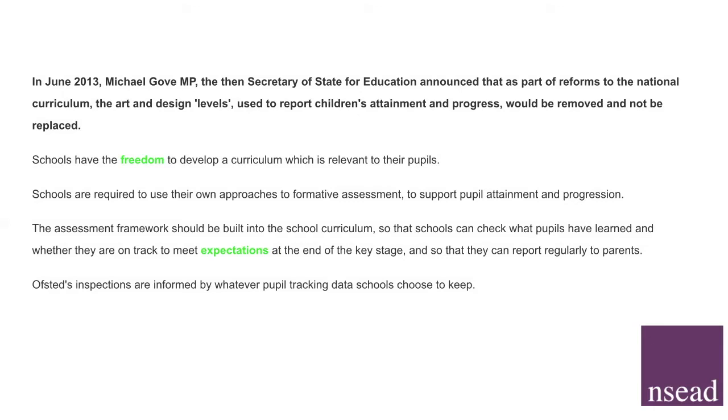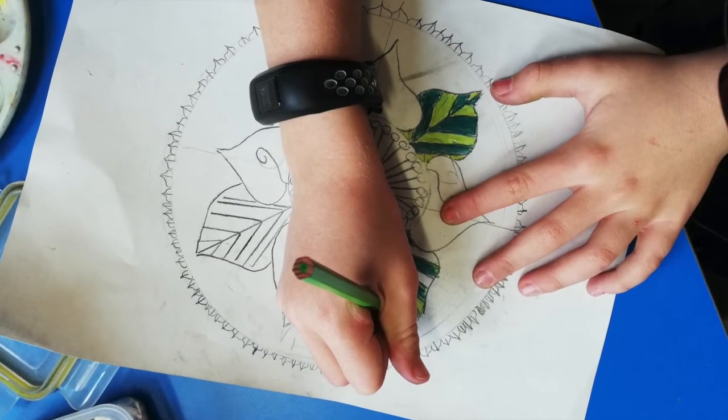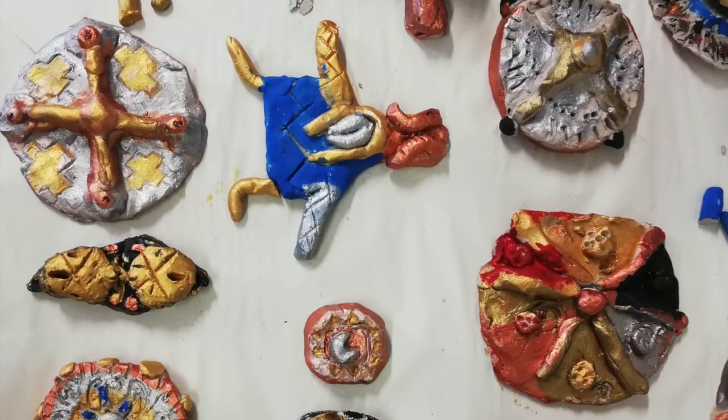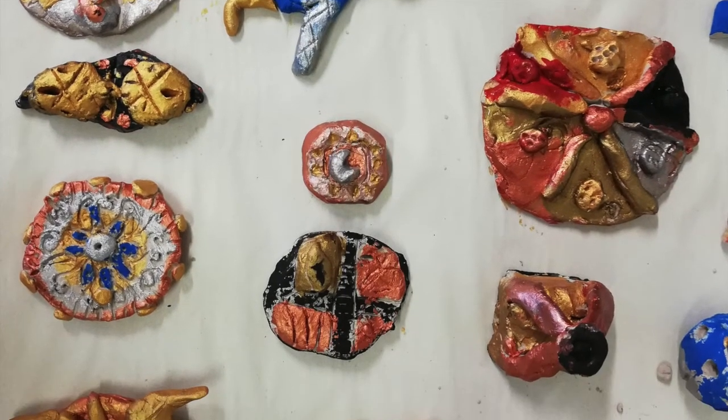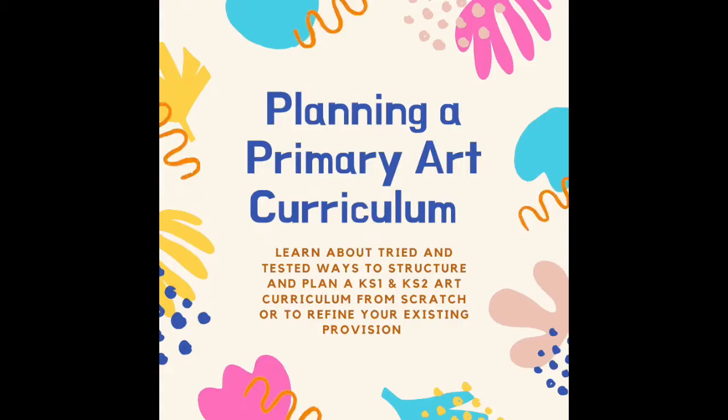Now, of course, we need to understand what we mean by pupil attainment. There aren't government standards provided for us for art and design, and progression is sometimes quite tricky to map out in an art and design curriculum. So before you think about assessment, you definitely need to look at your curriculum design. And like I mentioned before, there is support for that available for you on my website.